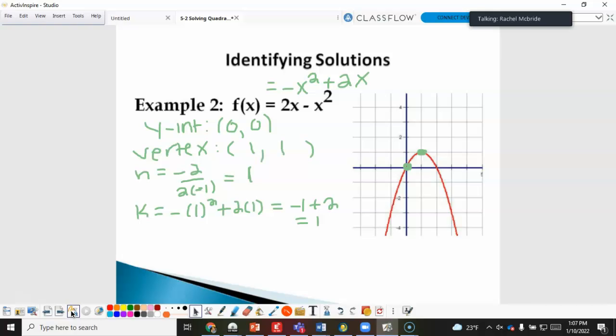And again, if you apply the y-intercept and the vertex, you see that the graph goes down 1, right 1. In order to find the x-intercepts, we would graph until it crosses. In this case, it has now crossed, and it crosses at 0, 0 and 2, 0.